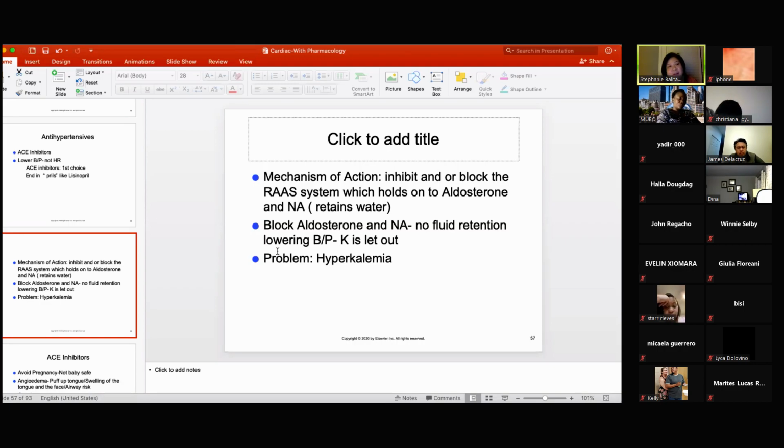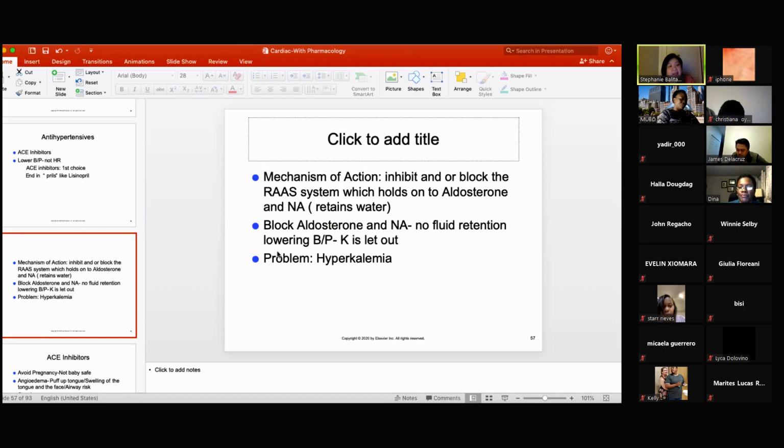Because the more fluid you have, the harder the heart has to work to pump, because there's too much fluid. If you have fluid overload, right? That's the RAS system. The RAS system, what does it do? Put a note there for yourself. Refresh your memory about what the RAS system is.